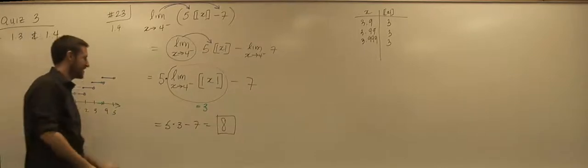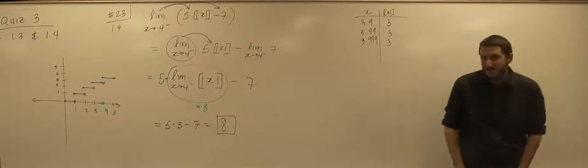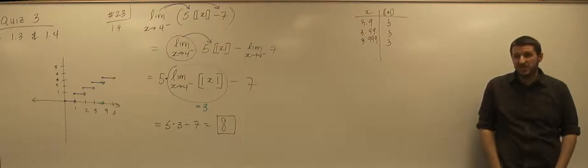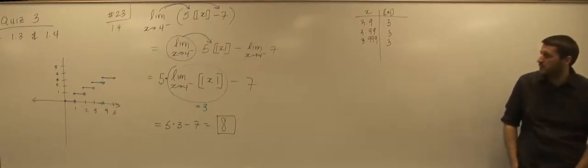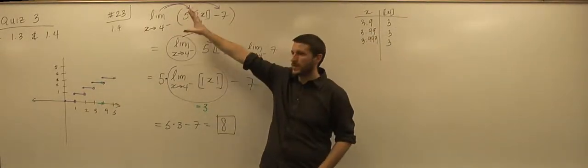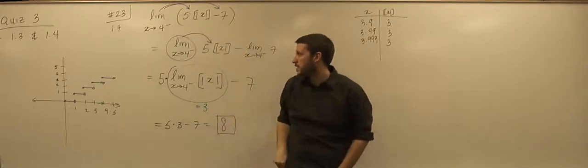Make sense? Questions? So this first part might have been tricky, but you can always distribute a limit as long as it makes sense, right? As long as you don't get 0 in the denominator or something funny.